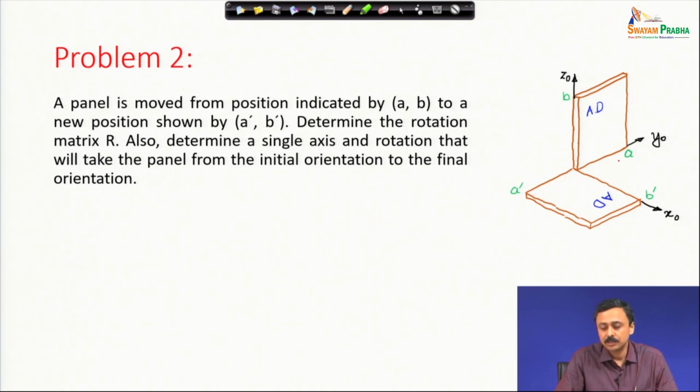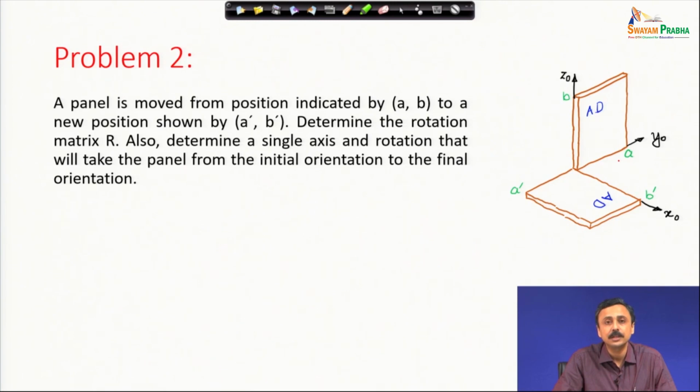In this motion of this plate, one point is fixed, that corner point which lies at the origin of x0, y0, z0. Therefore, we can find a single rotation about a single axis.